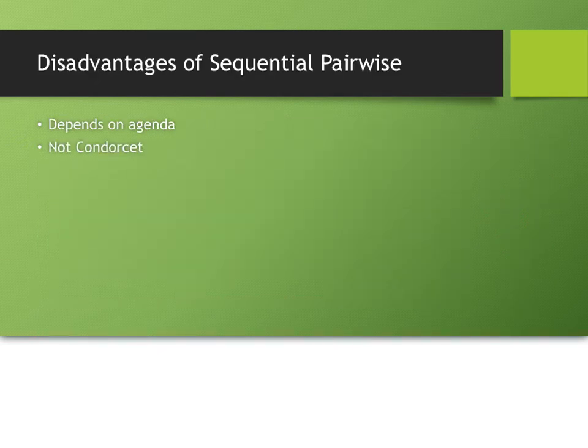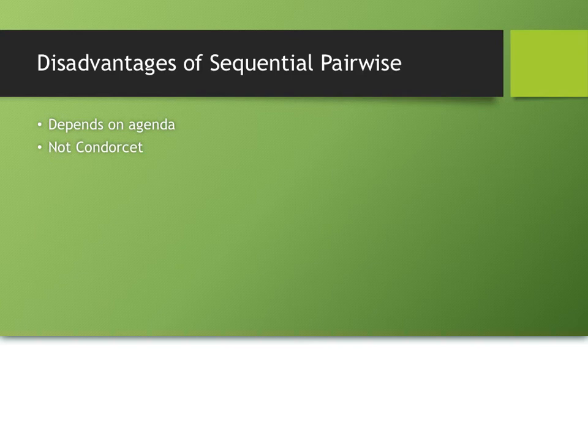Now, I'm not going to talk too much about the advantages, but the disadvantages should be really clear here. If you didn't notice yet, we had the exact same voters, the exact same numbers, and with 3 different agendas, we got 3 different candidates who won.